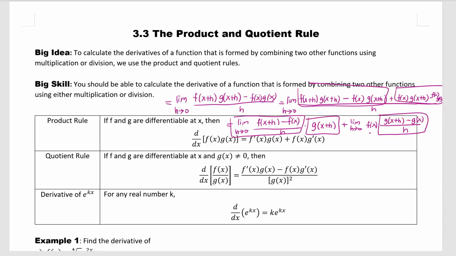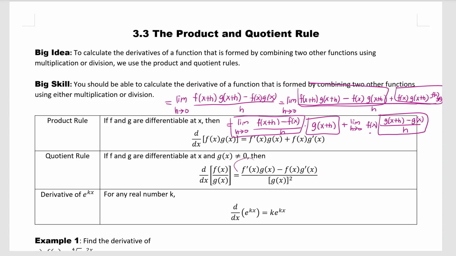Well, how about the quotient rule? The quotient rule is very similar to the product rule. You can see the numerator is almost the same, except for the middle guy: instead of plus, we have minus here. And the denominator is the original denominator squared. We should say top guy and bottom guy.